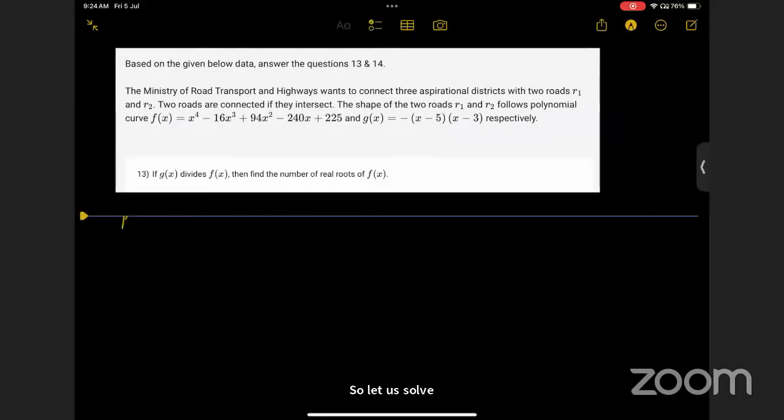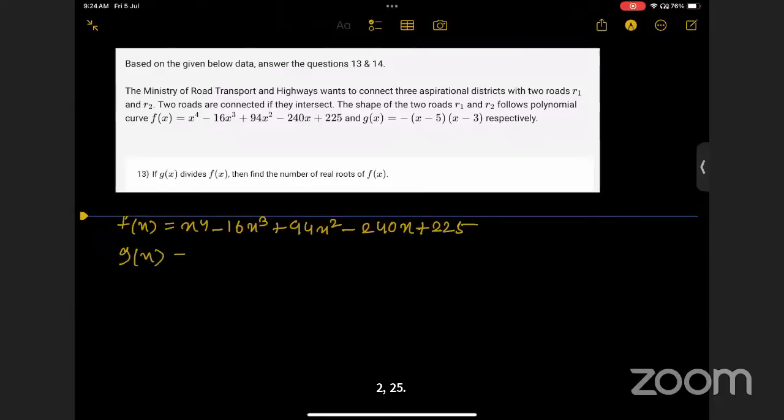We have f(x) equals x to the power 4 minus 16x cubed plus 94x squared minus 240x plus 225, and g(x) equals minus... Here they give that g(x) divides f(x).